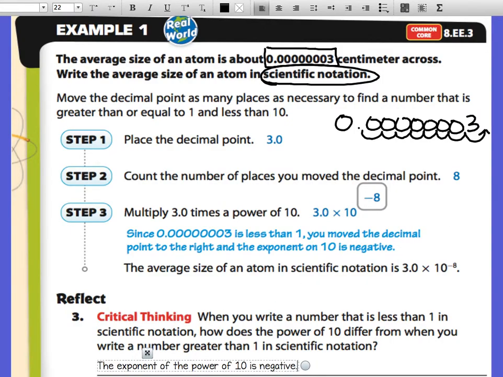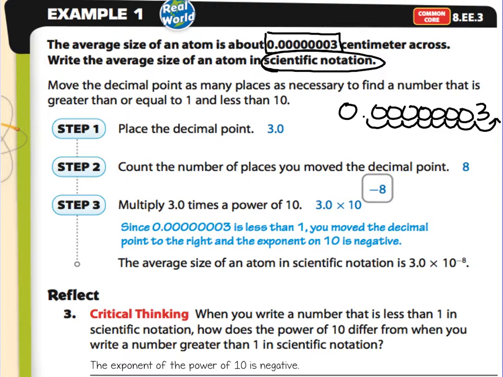That should imply that your number is getting smaller. So when you see that you're working with a smaller number and the decimal is in front of what could be your whole number, you know your power has to be negative.